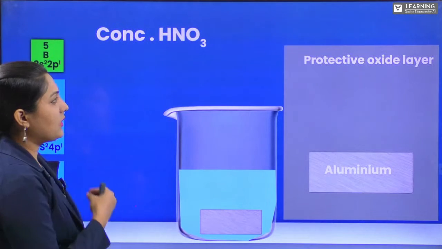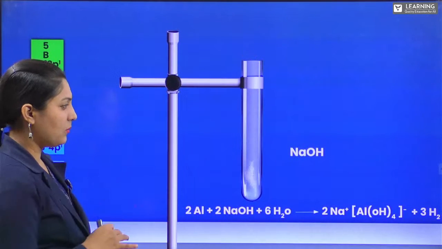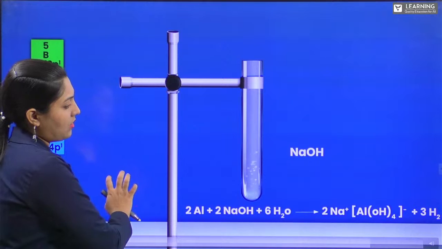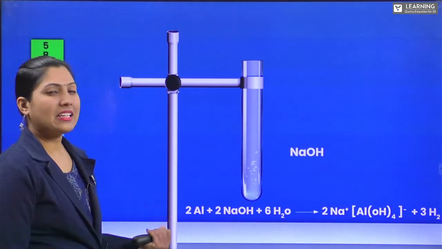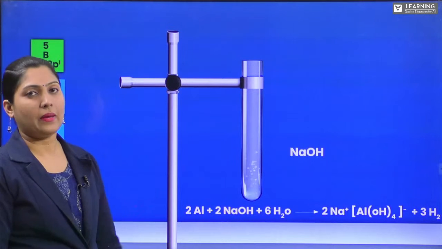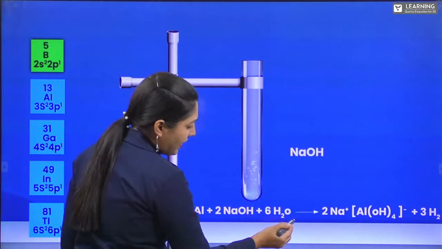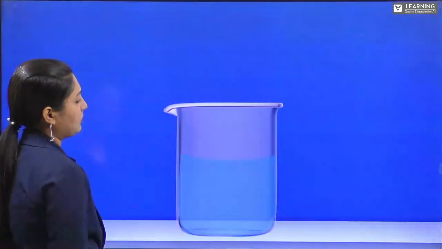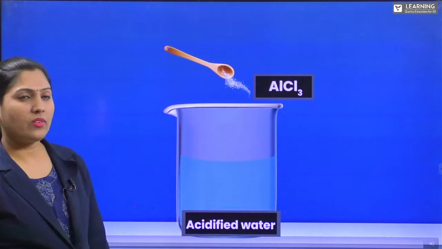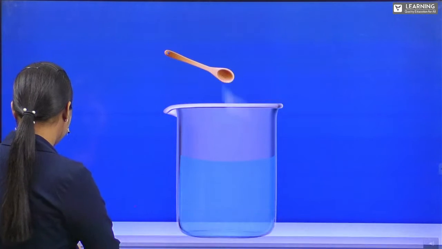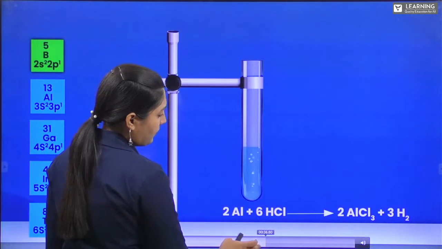And when this is added to concentrated nitric acid, as we know, the coating will be there. This is the next example, when aluminium is added to the base. So here, why are we adding water?